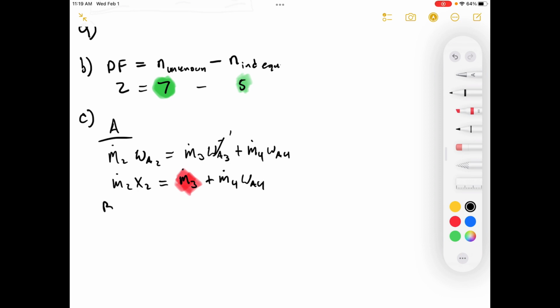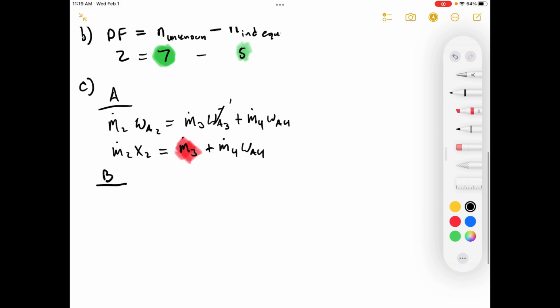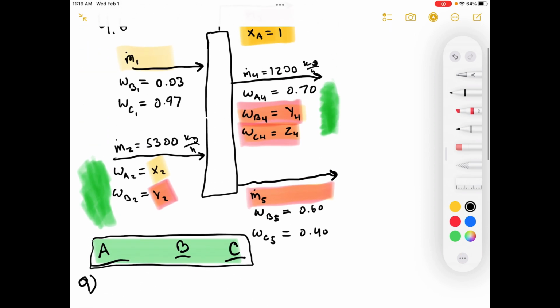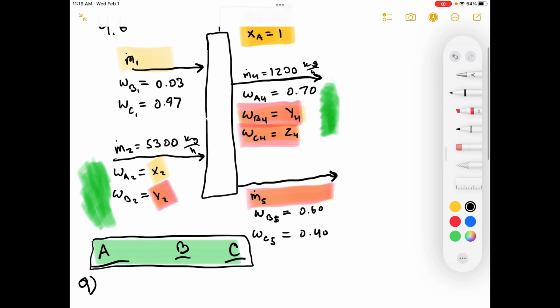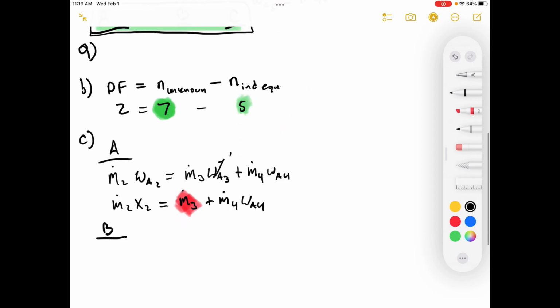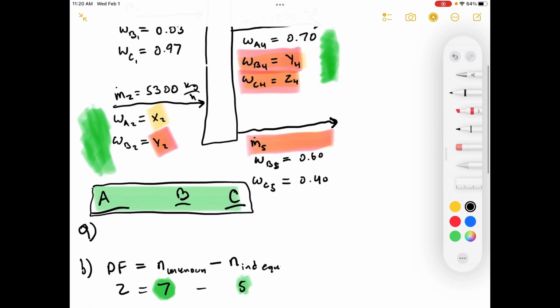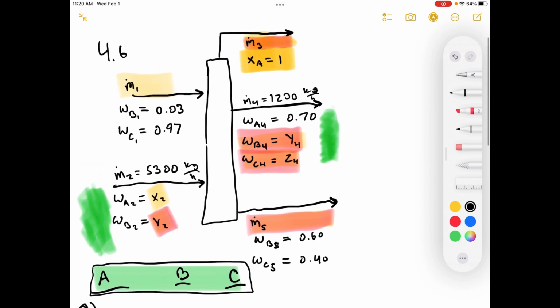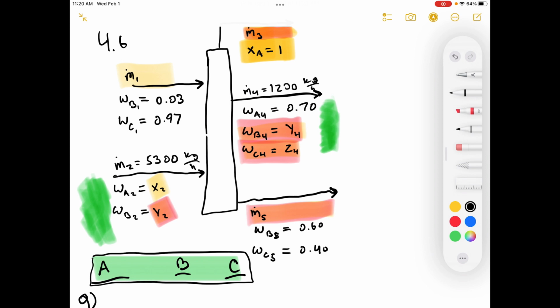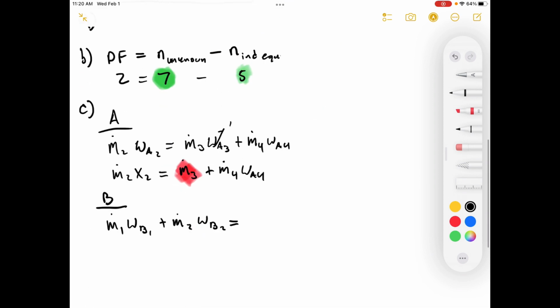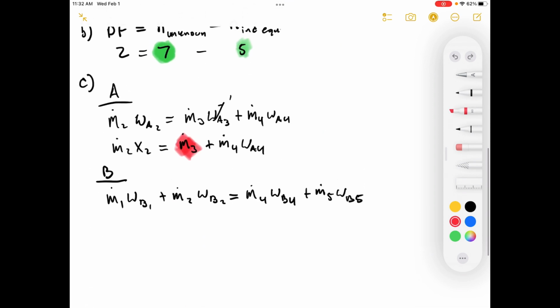Now let's do B. Where do we have B going in? We have B going in stream 1 and stream 2. And then we have B going out in stream 4 and 5. Okay, so let's look at our unknowns.